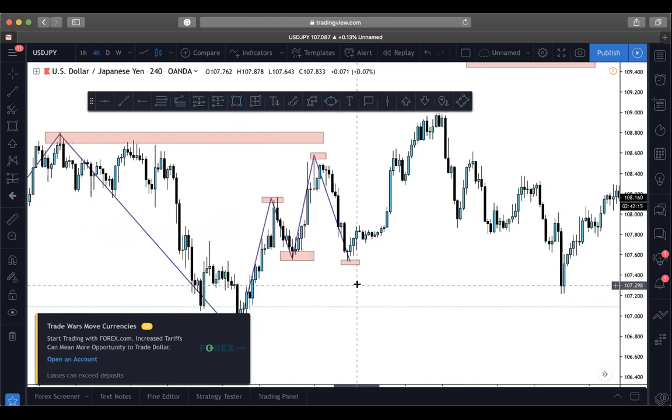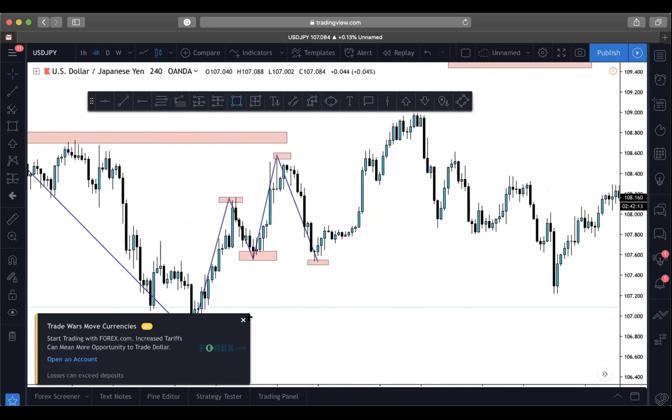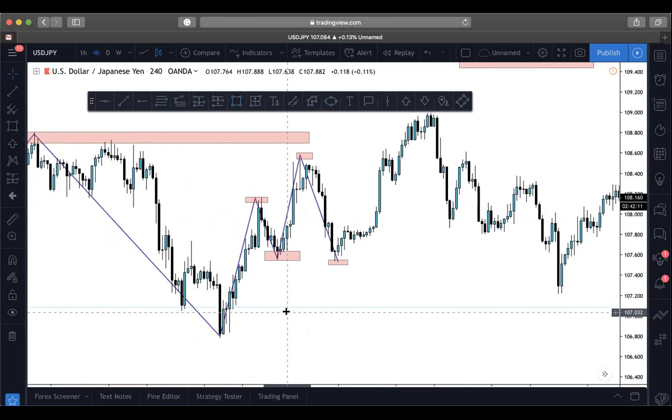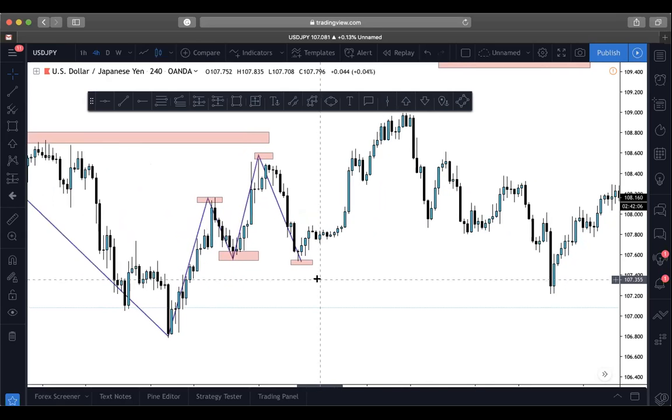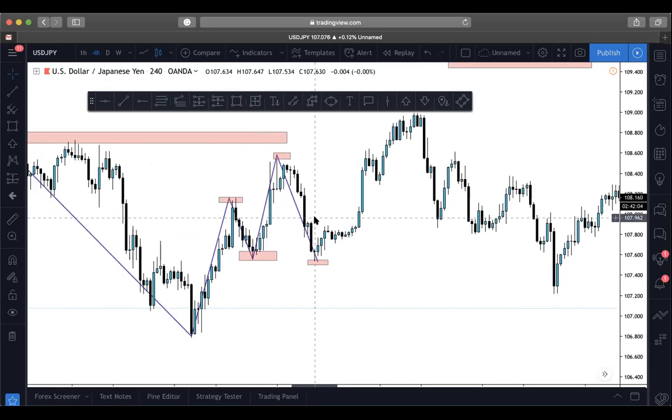If the market respected the rules all the time, then you would make a lot of money. But because the market doesn't respect the rules all the time, you have to be able to keep yourself safe, right?